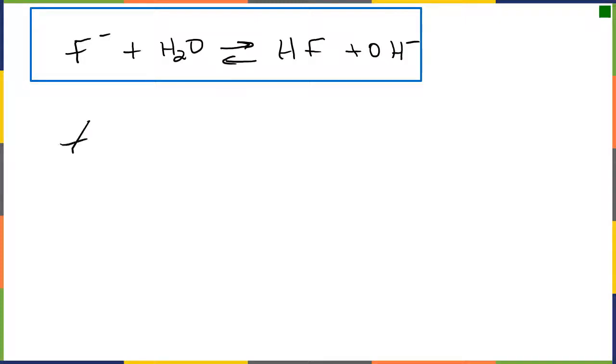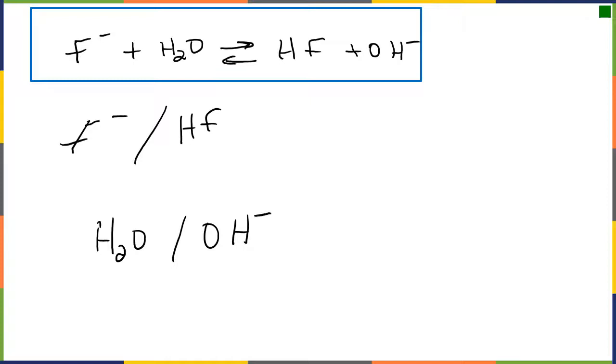So one pair is F minus and HF, and the other pair is H2O and OH minus. We know the one with the fewer protons is the base, so F minus is the base, and HF is the conjugate acid. In the case of water, it is the acid, and OH minus, having one fewer H plus, is its conjugate base.